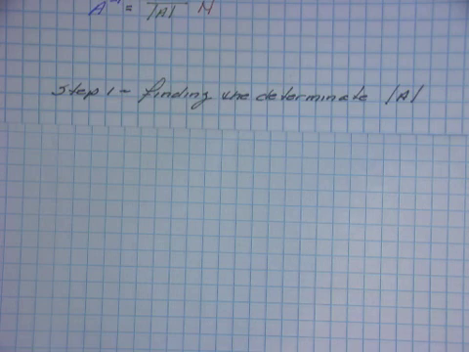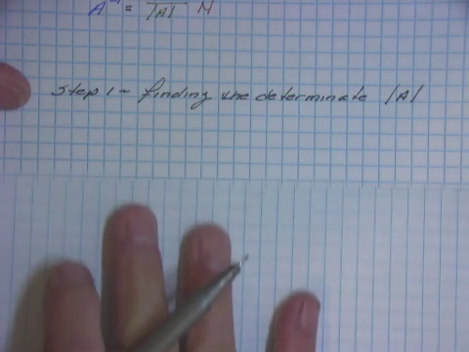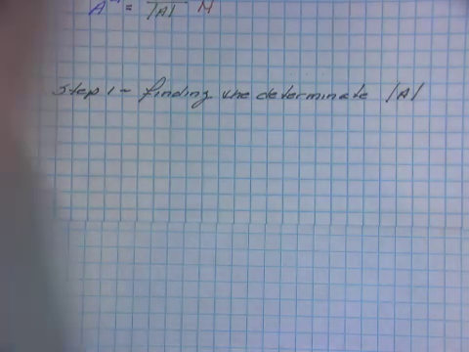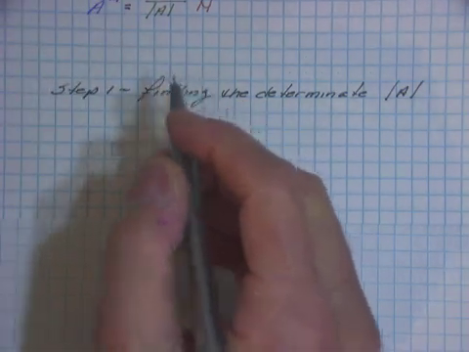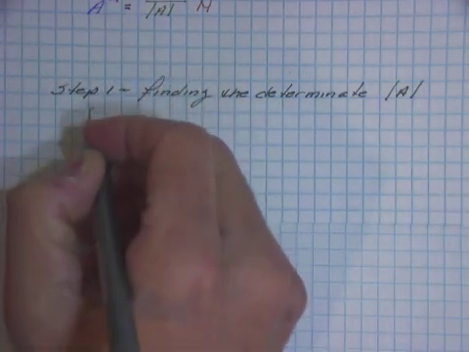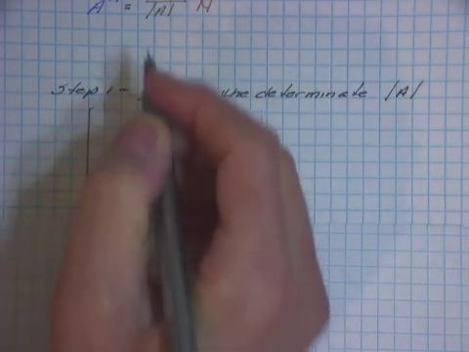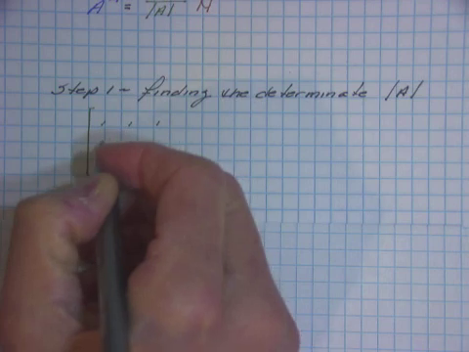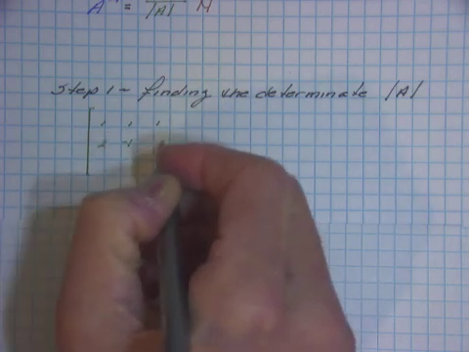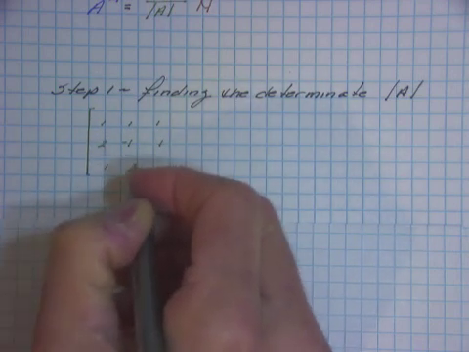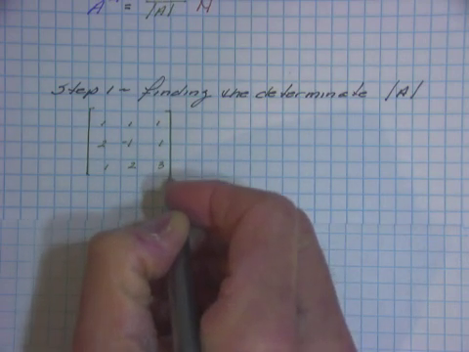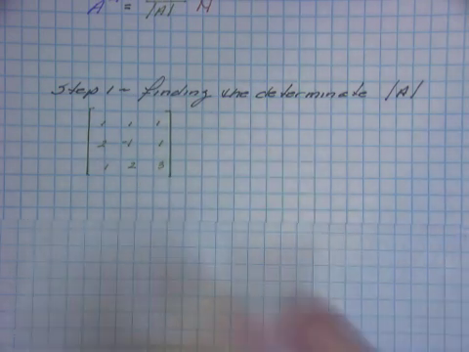Step 1, finding the determinant of A. In green, we're going to write that coefficient matrix: 1, 1, 1, 2, negative 1, 1, and 1, 2, 3.